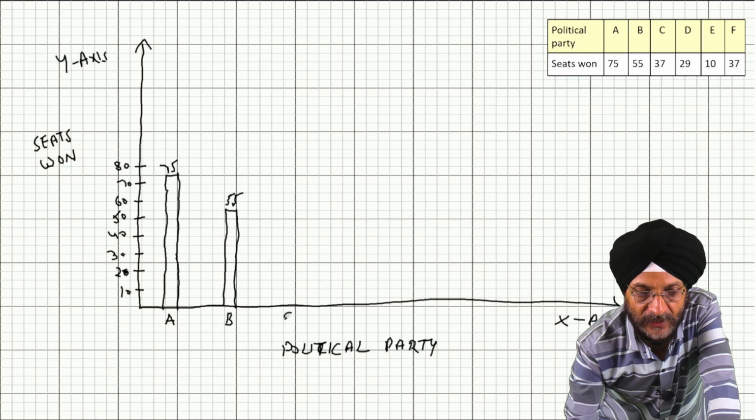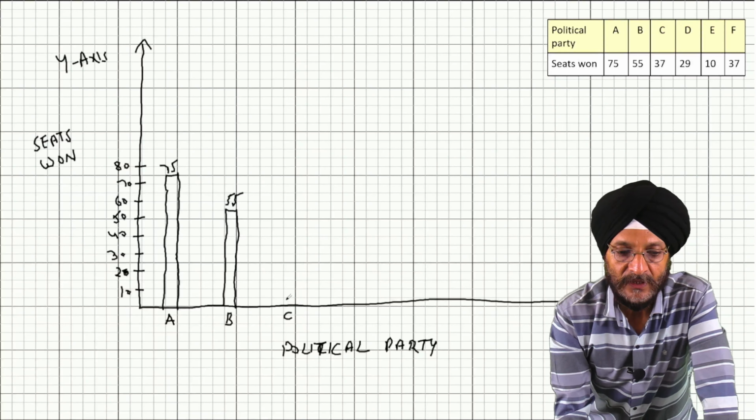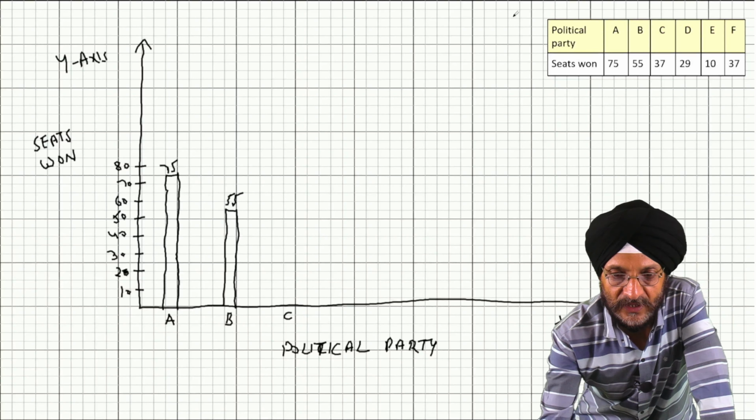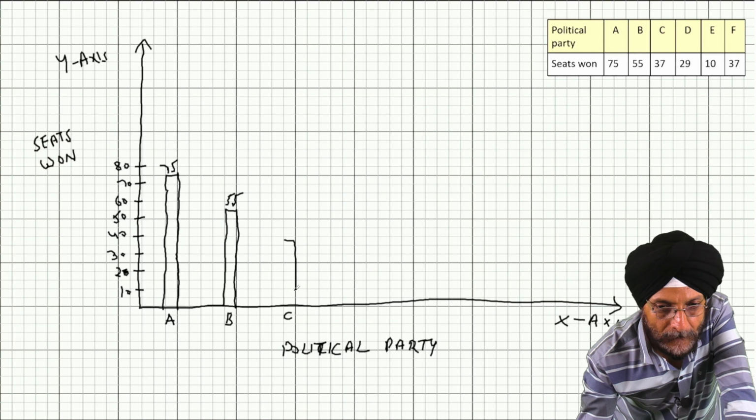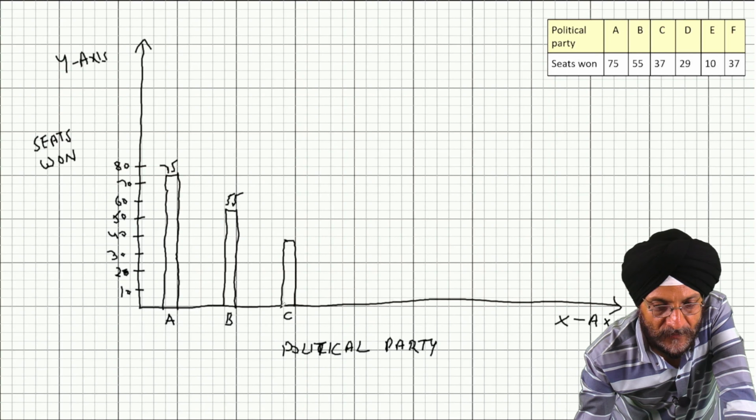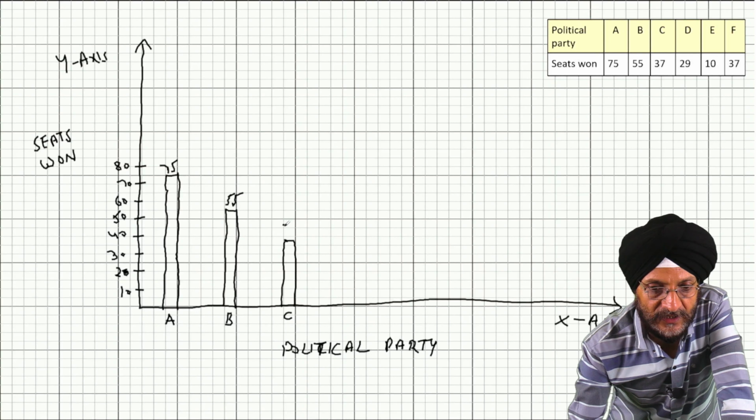So here we will now take C. That is, the seats won by the party C are 37. So here it will be somewhat here. Here it is 37.